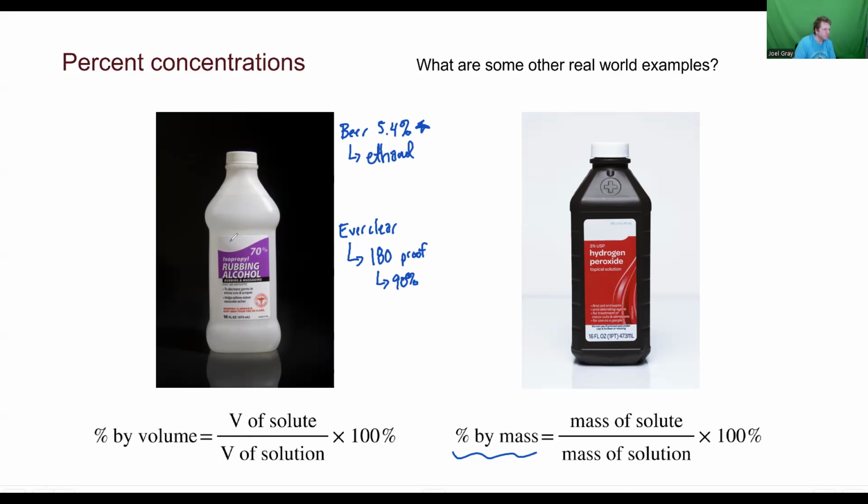Rubbing alcohol is a good example, though. 70% rubbing alcohol. You might also see 30% or 95%.